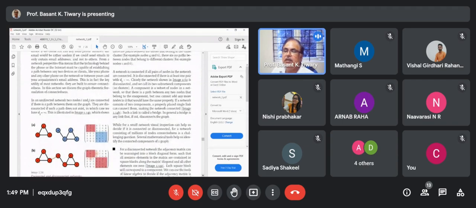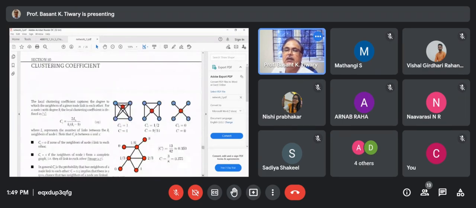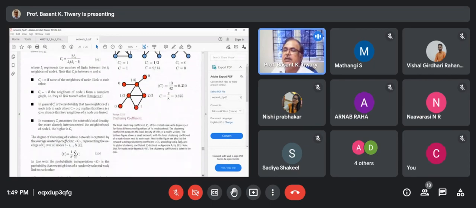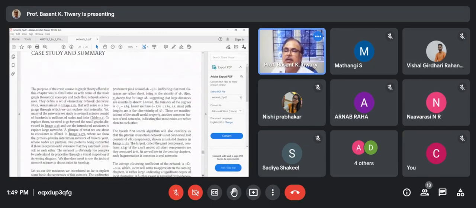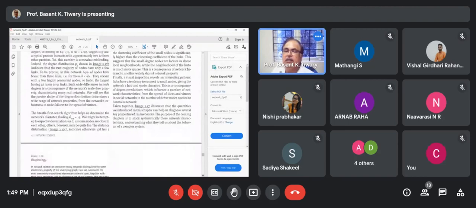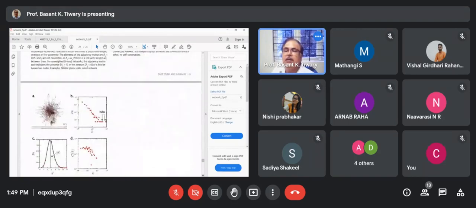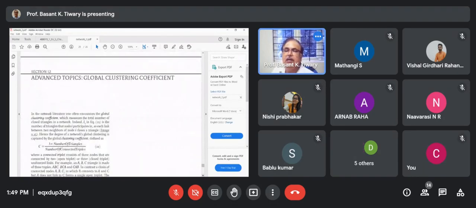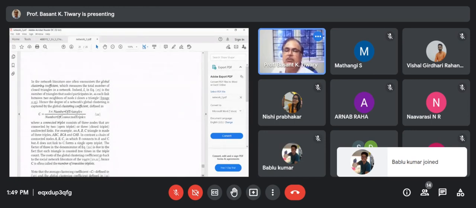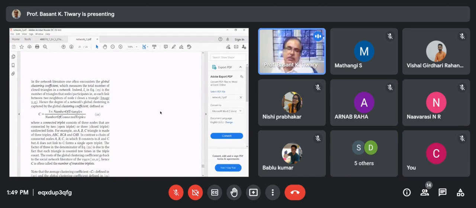Then connected component, clustering coefficient, and there is a summary. Also, there is something about global clustering coefficient, because we not only compute the clustering coefficient of each node, but we also compute the clustering coefficient of a whole network. That is called global clustering coefficient.